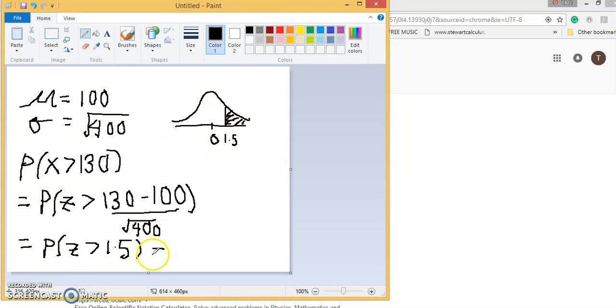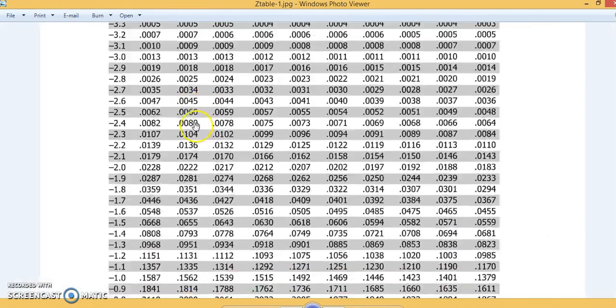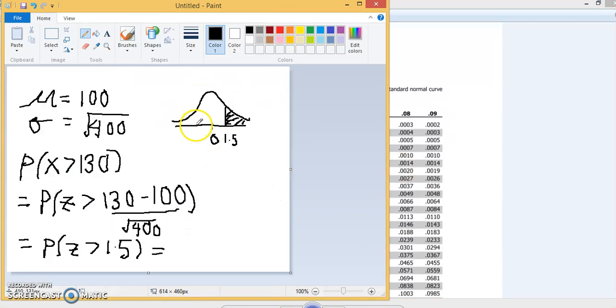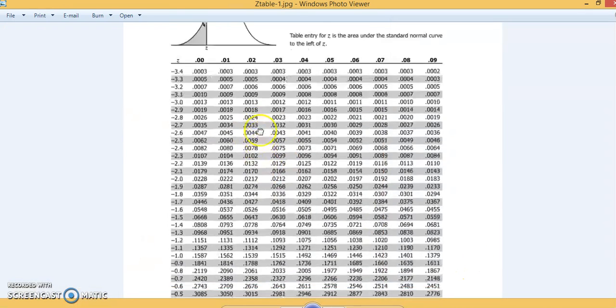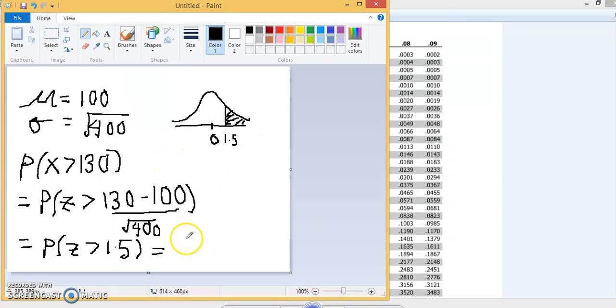If you look at your table, you refer to negative 1.5, which is negative 1.50. So you are referring to this one. Negative 1.5 is 0.0668. This is the probability for this.